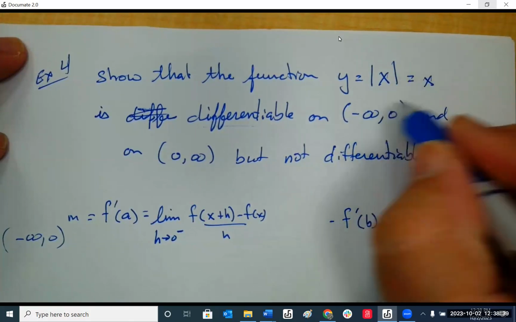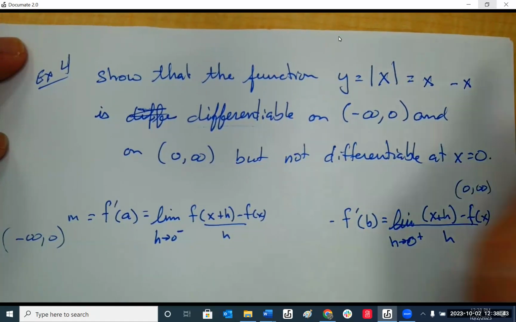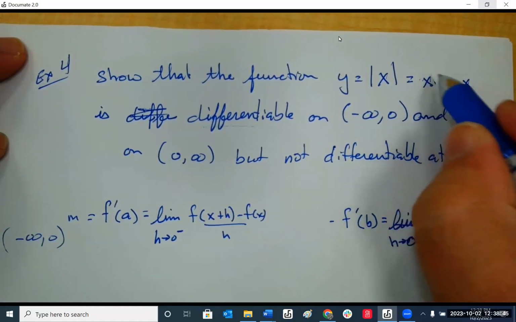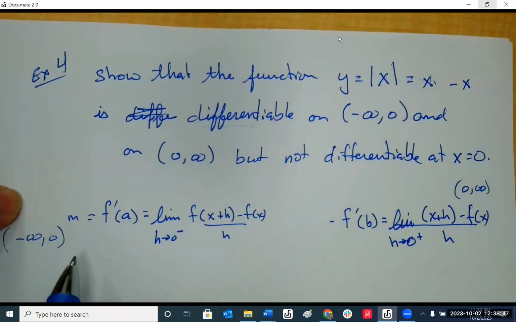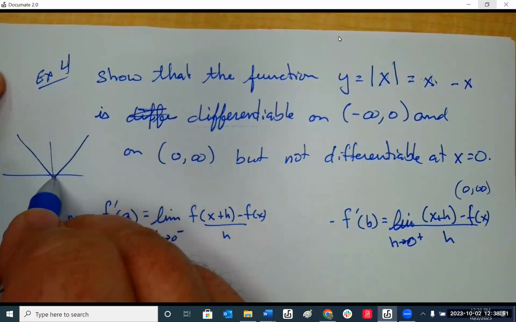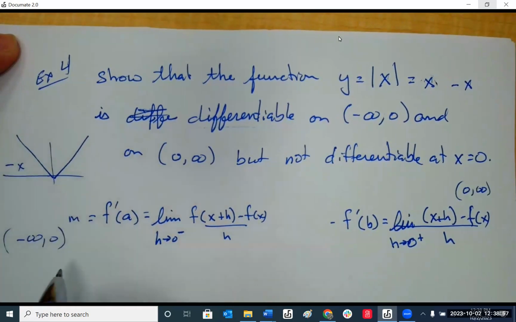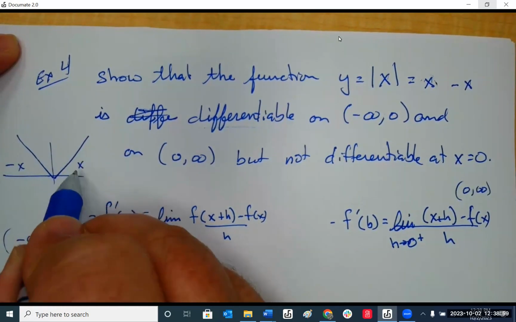On the left side, what's the slope, positive or negative? It's negative x, and this side is positive x.